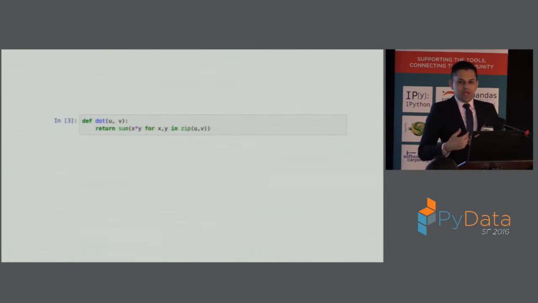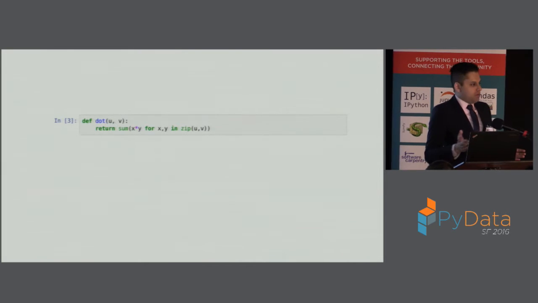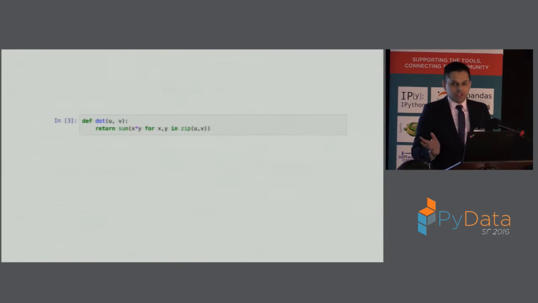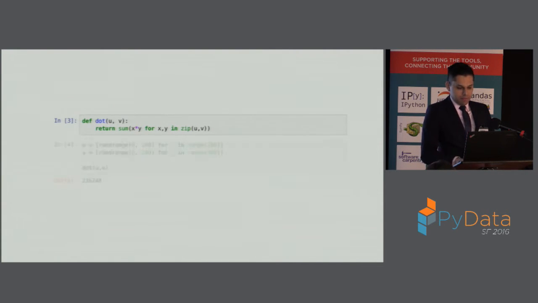If we're doing anything with vector manipulation or matrix manipulation, we could define a function called dot. And in pure Python, we might write dot like this. We're dotting a vector u and a vector v, and we just multiply all the components of u and v and sum that.